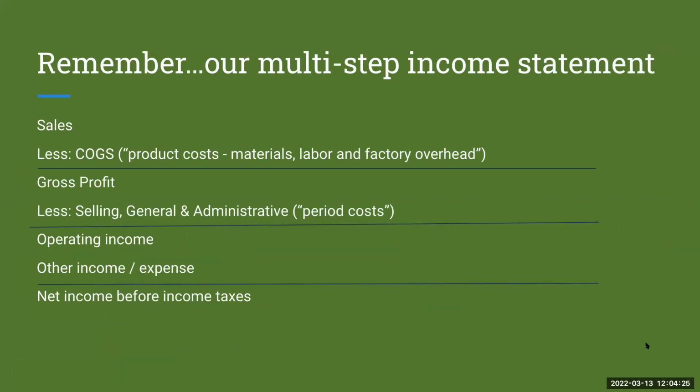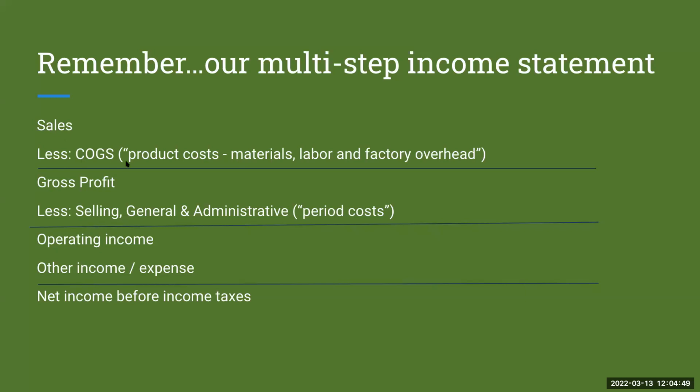Remember, as we're looking at this big picture, what goes into our multi-step income statement? One of the most important carryovers from financial accounting into managerial accounting is the concept of the multi-step income statement. It's like the multiverse, a little bit strange, but let's look at this. We've got sales less cost of goods sold.